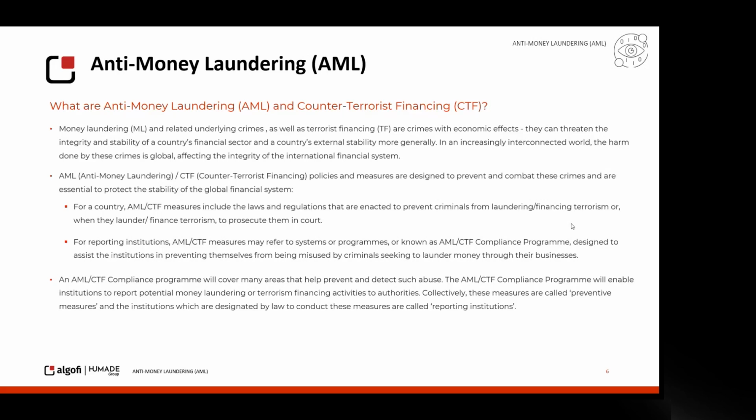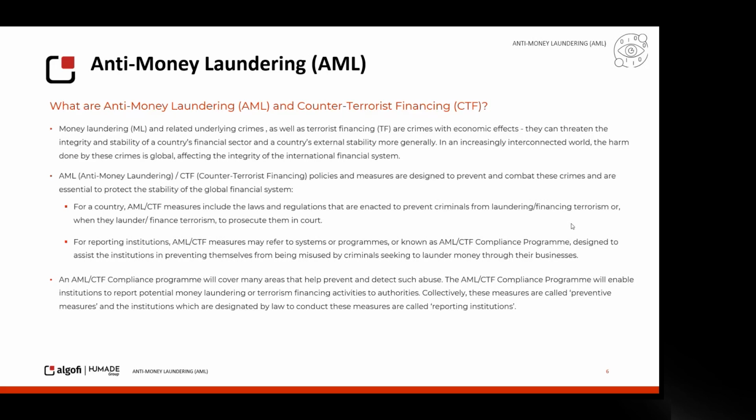For a reporting institution, AML CTF measures refer to systems or programs known as an AML CTF compliance program, designed to assist the institution in preventing themselves from being misused by criminals seeking to launder money through their businesses.